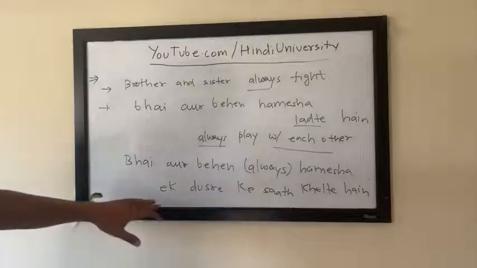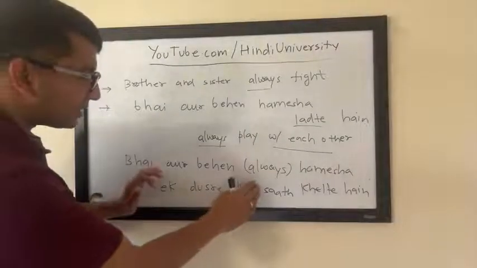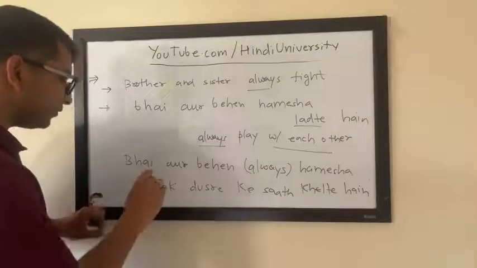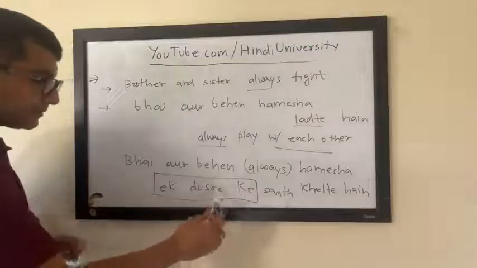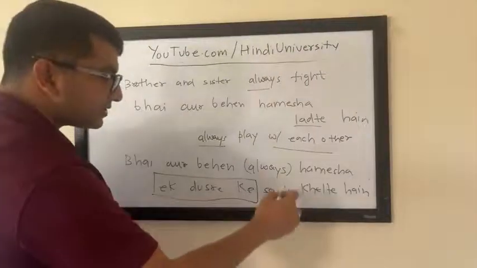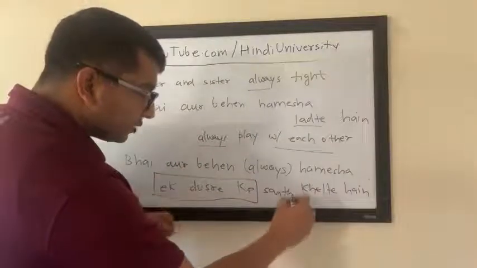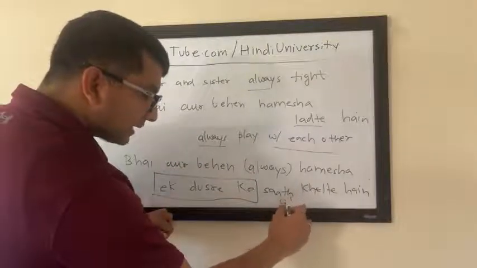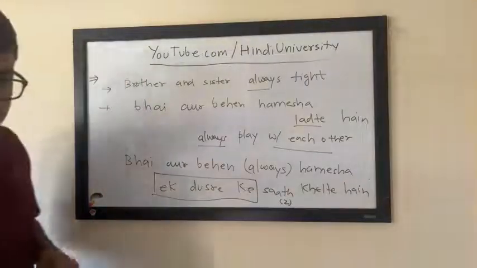Because एक दूसरे I haven't heard yet, so it's new to me. If you don't feel comfortable, you can say, don't use के then. You can say हमेशा भाई और बहन साथ खेलते हैं. साथ साथ खेलते हैं. Okay, thanks. Yeah, you can say साथ साथ खेलते हैं. You can say साथ में खेलते हैं.